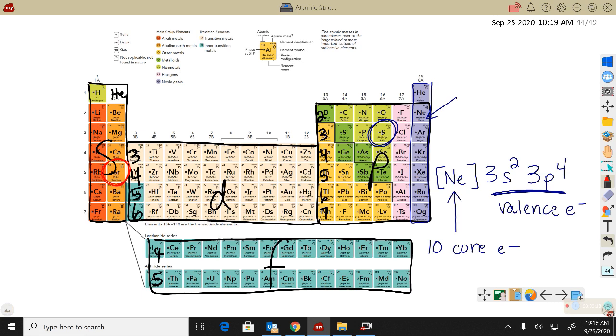You have to go backwards to the previous noble gas. So this is 38. I need to go backwards. The closest will be krypton. That's not bad, 36. So for strontium, I can go brackets, krypton. By putting krypton in brackets, this saves me 36 electrons. Now that's a nice shortcut.